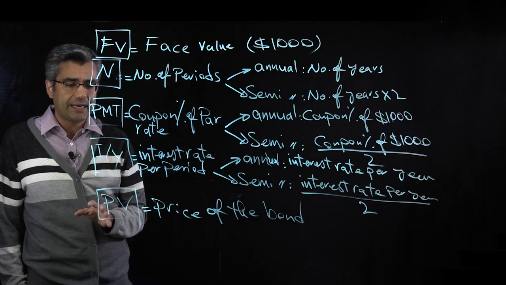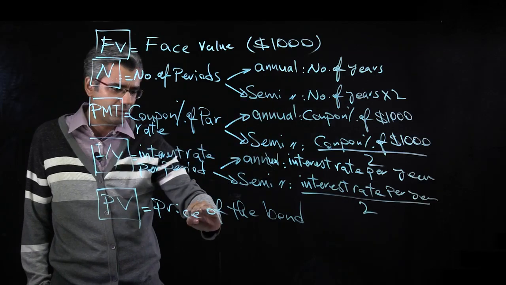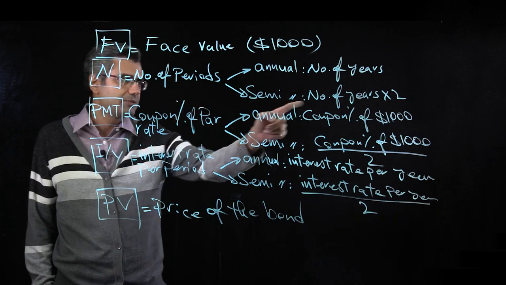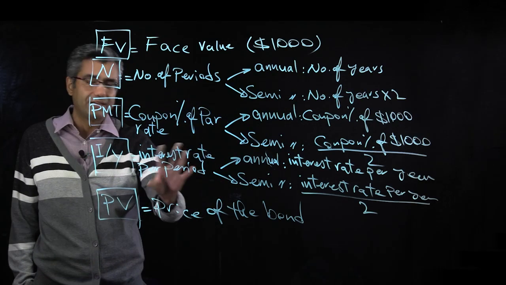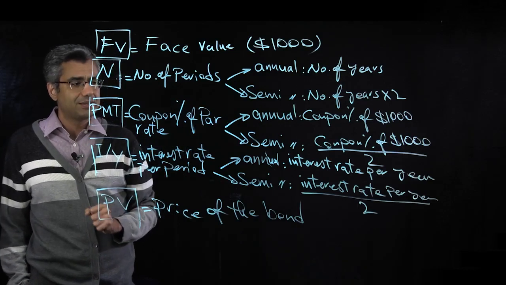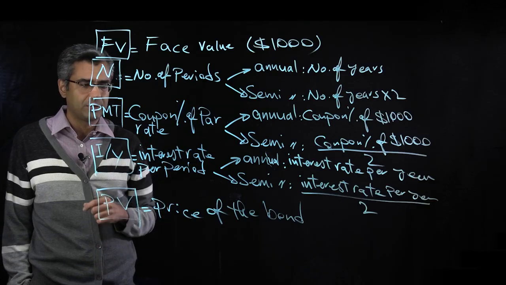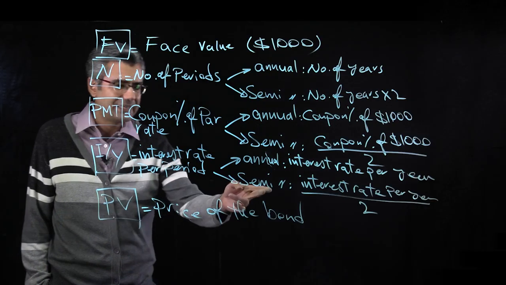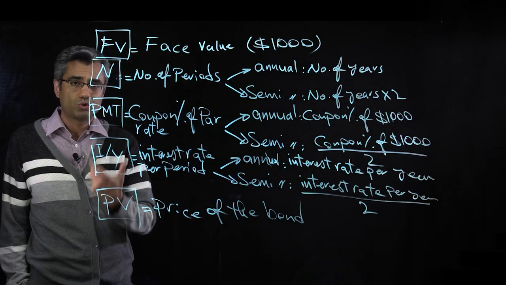If it was semi-annual, then you enter everything based on semi-annual: the number of periods multiplied by 2, the coupon divided by 2. Then the answer you get from the calculator is the interest rate per 6 months, right? But yield to maturity is reported per year, so in that case you need to multiply it by 2 to get the interest rate per year.